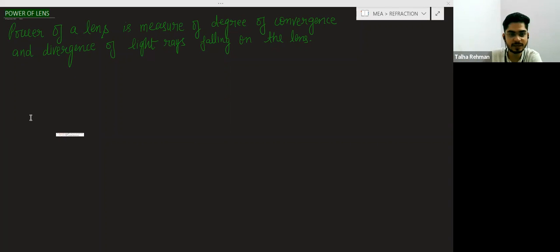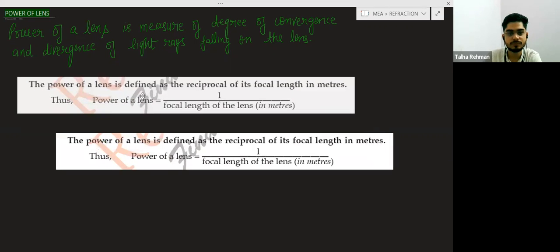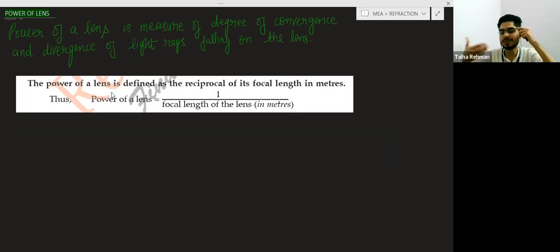And mathematically, there is one formula for the power of a lens. You can define it in another way. Power of a lens is defined as the reciprocal of its focal length in meters. So power of a lens is equal to 1 upon focal length of the lens, and you will put the focal length in meter always.